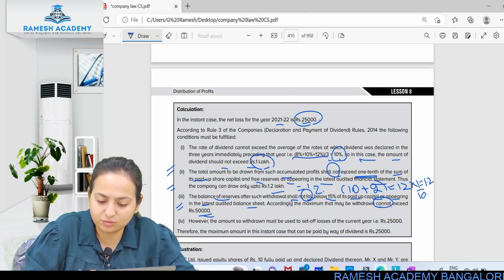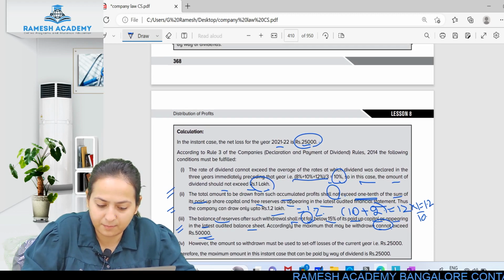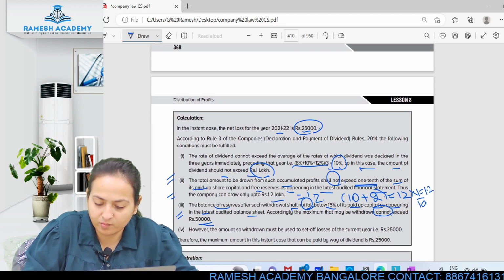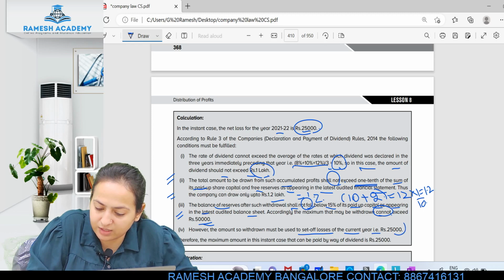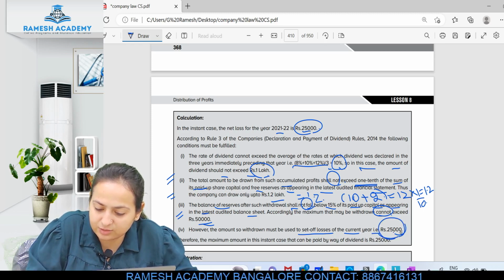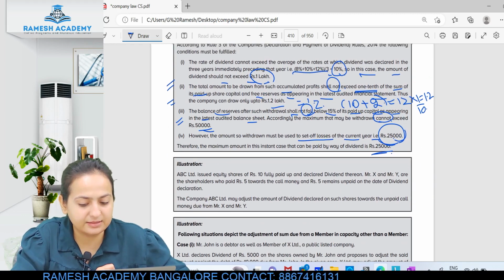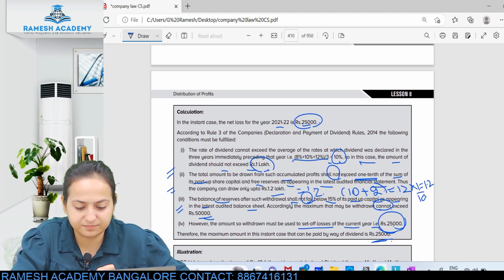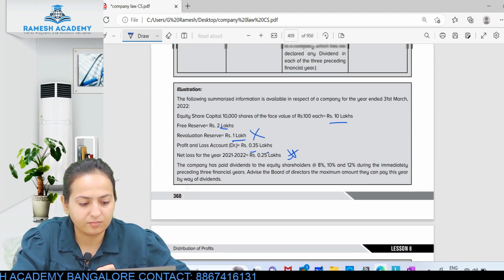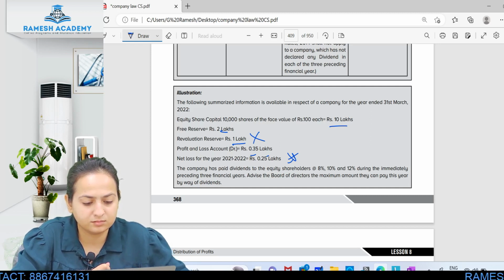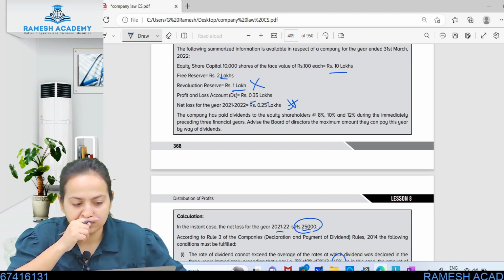But the amount should be used to set off the current year loss also, that is 25,000. So the 25,000 will be the maximum amount in this case that can be paid by way of dividend. Okay, write down this.